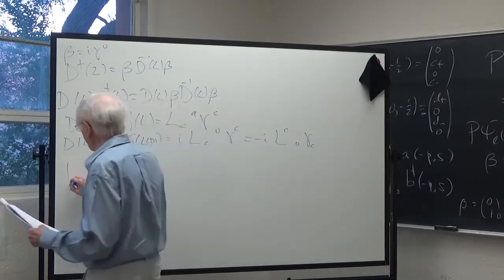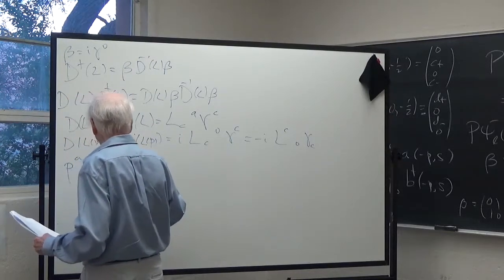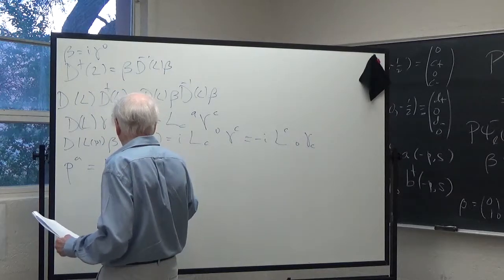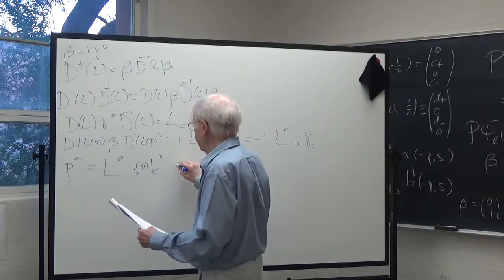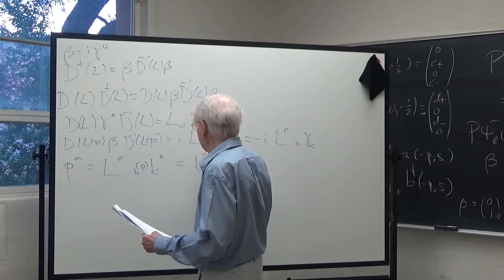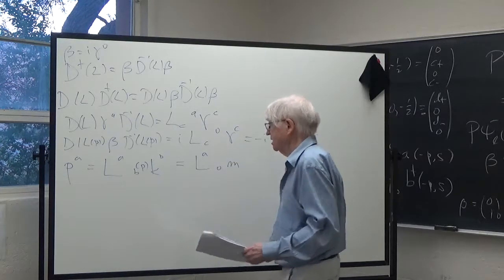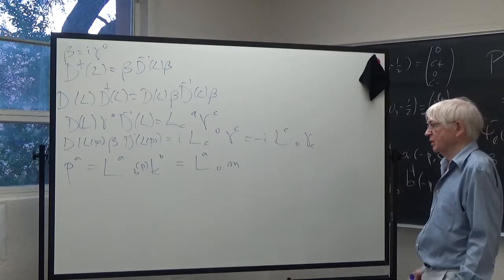And now the definition of this standard Lorentz transformation is that LA0 is P A over M, because K is 0 unless B is 0.